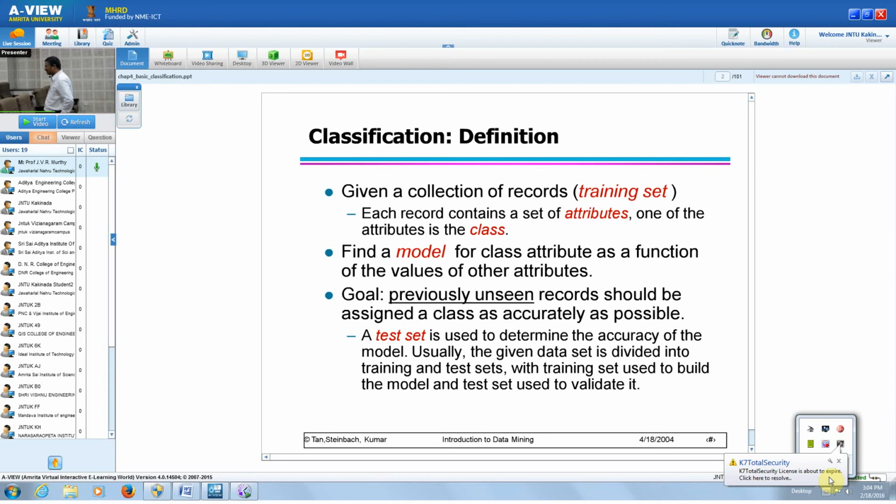Suppose there are 10,000 students in the university. For 9,999 people you have given correct results, and only one fellow I have added 20 marks. People will not allow it, right? So there you need exactness.